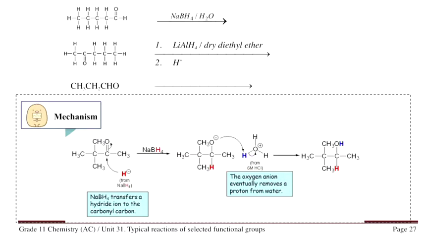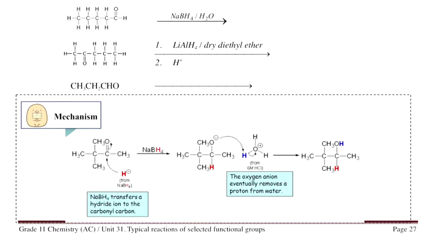In the first part, the lithium aluminium hydride or sodium borohydride would act as a nucleophile. It would attack the slightly positively charged carbon, and then push the electrons to the oxygen here. And then in the second step, it will react with the acid.